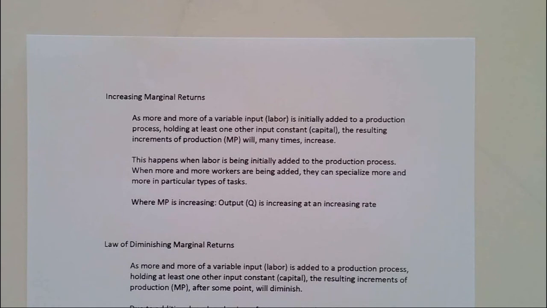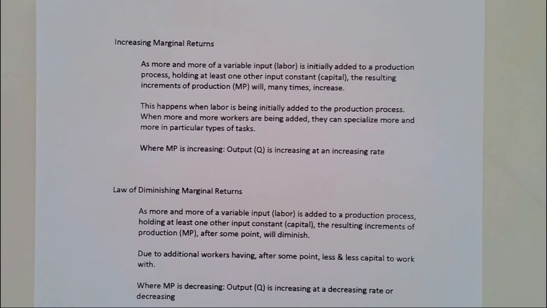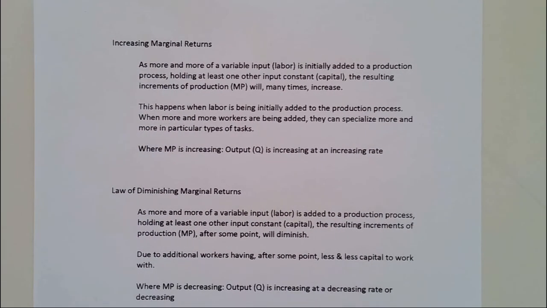First one is known as increasing marginal returns. As more and more of a variable input, labor in this case, is added to a production process, producing chairs, holding at least one other input constant, capital, the resulting increments of production, marginal product, will many times increase.